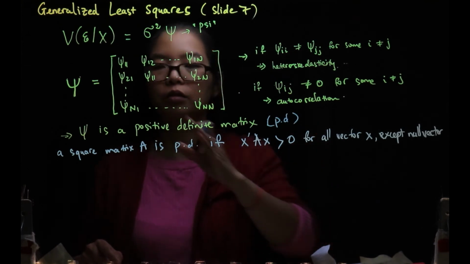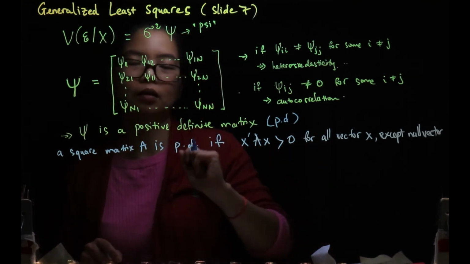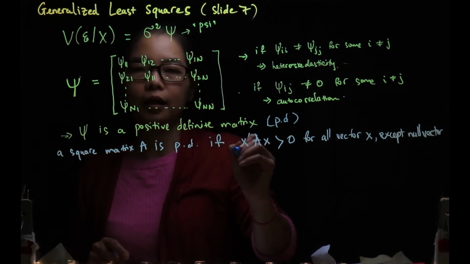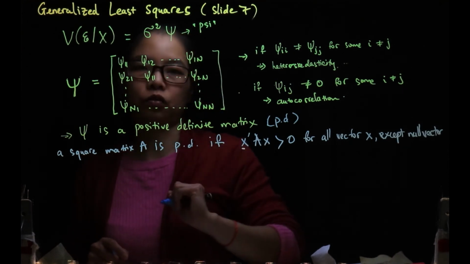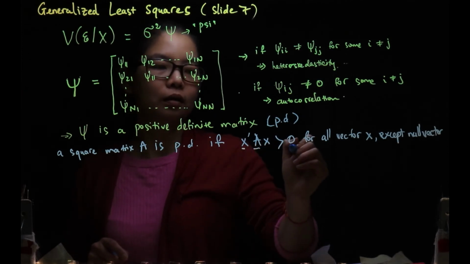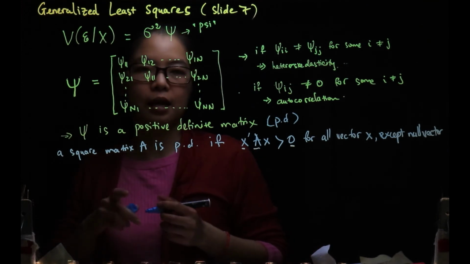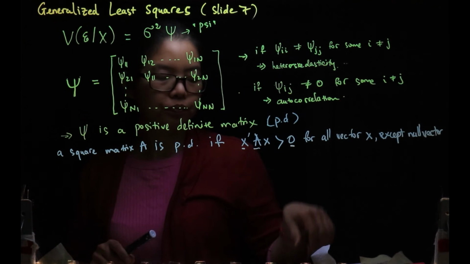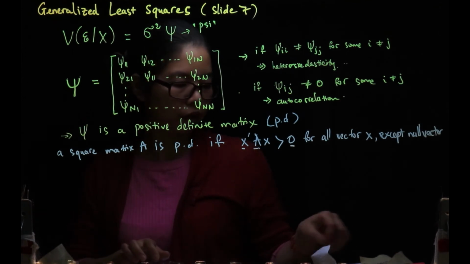Of course, if you multiply by all zeros, then you get 0, nothing to say. However, if it's any other vector that you choose and you multiply this way, the product is a scalar, right, that's larger than 0. Why is it a scalar? I can show you here.